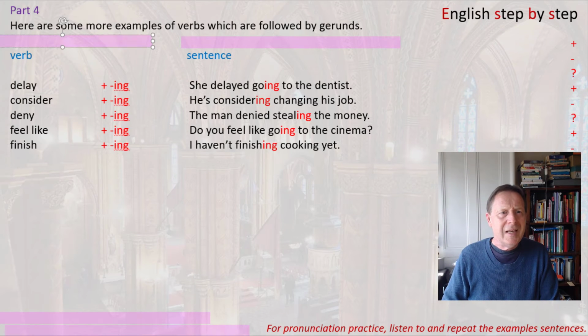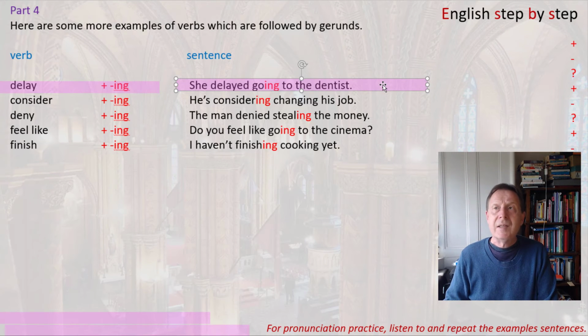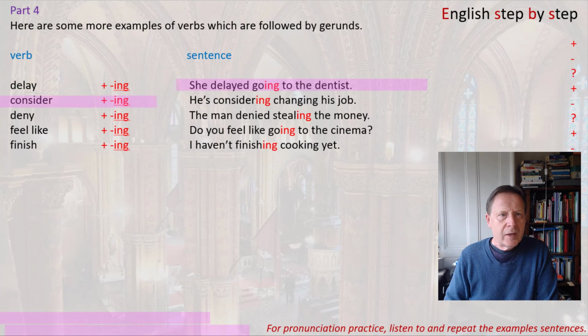Here we have delay. And a sentence could be like this. She delayed going to the dentist. In this case, delay has the same meaning as a phrasal verb, put off. She put off going to the dentist. So, after many phrasal verbs, you also use a gerund. Let's look at another example. Consider.